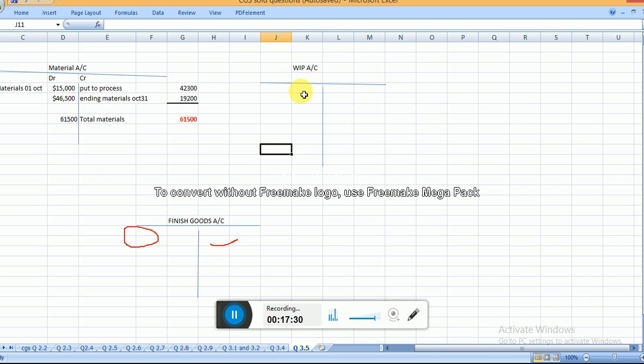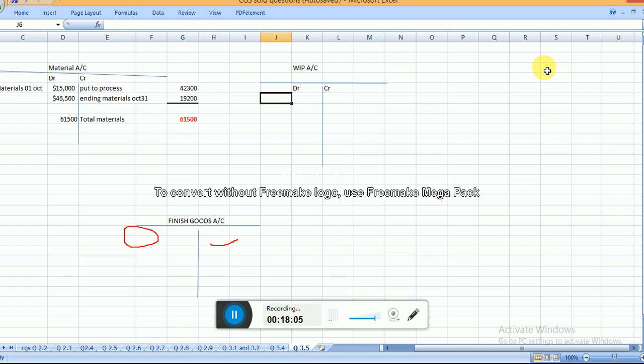But in the work in process, these material, the 42,300 materials, they come to the debit side. Why? Because work in process is increased, and when work in process is increased, so we pass the entry requisition of materials: work in process debit, material account credit.